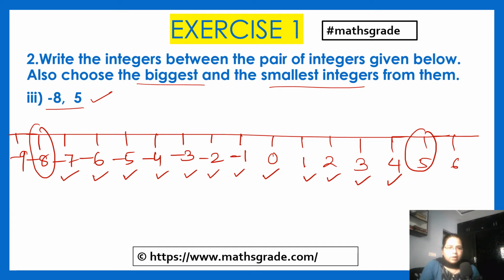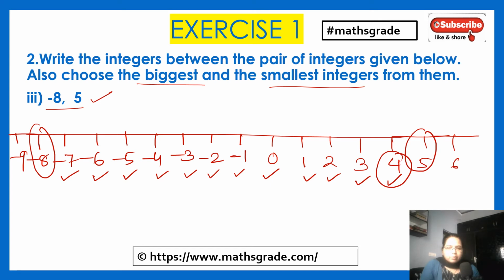And now we have to find the biggest and the smallest integer from these integers. We know all negative integers are smaller than the positive integers. So here 4 is the biggest integer, as it is a positive integer.